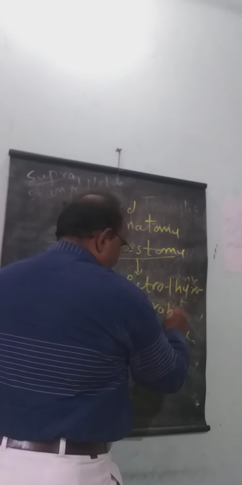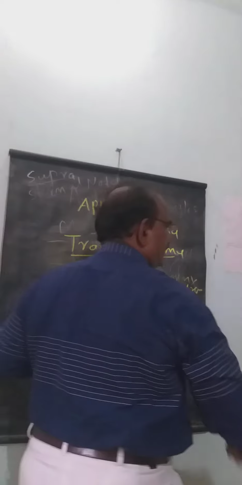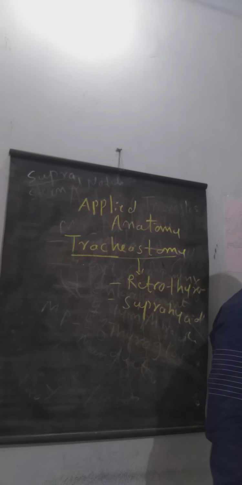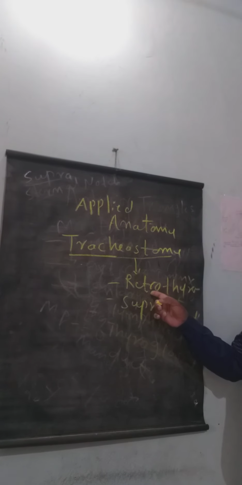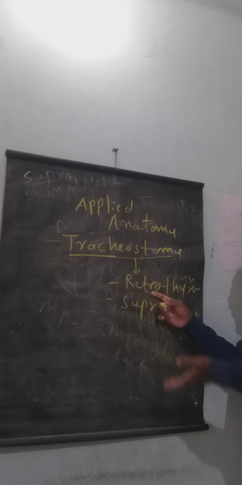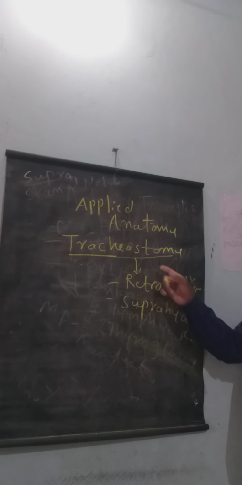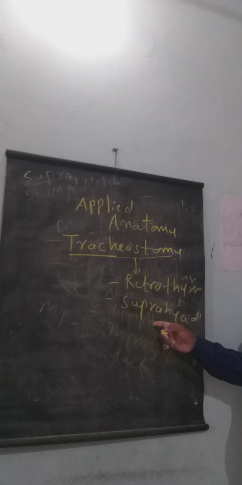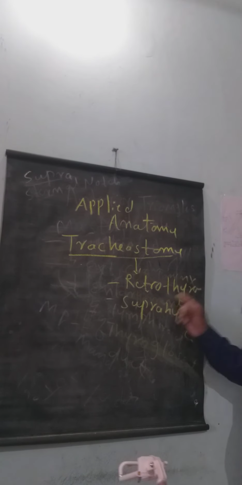Infrahyoid is avoided because there is a plentiful blood supply there. Retro means behind the thyroid. Tracheostomy is done retrothyroid and suprahyoid.